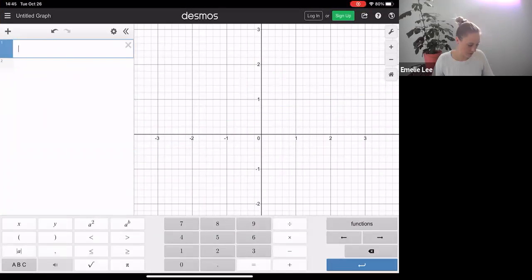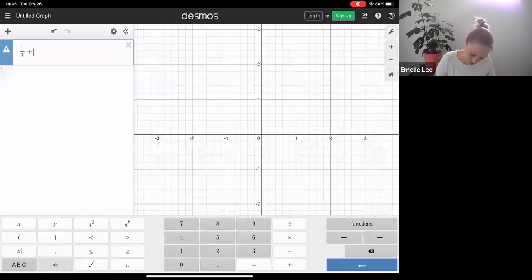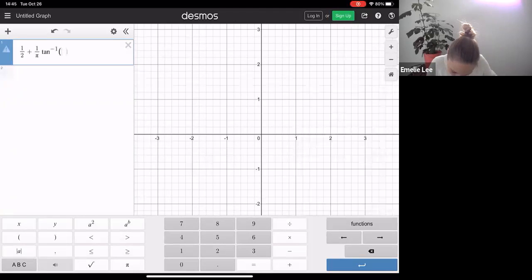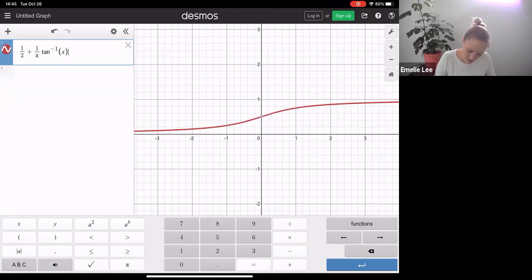If I graph the CDF, 1/2 plus 1/pi times the inverse tan of x, and there should be an inverse tan function here, I get this graph.